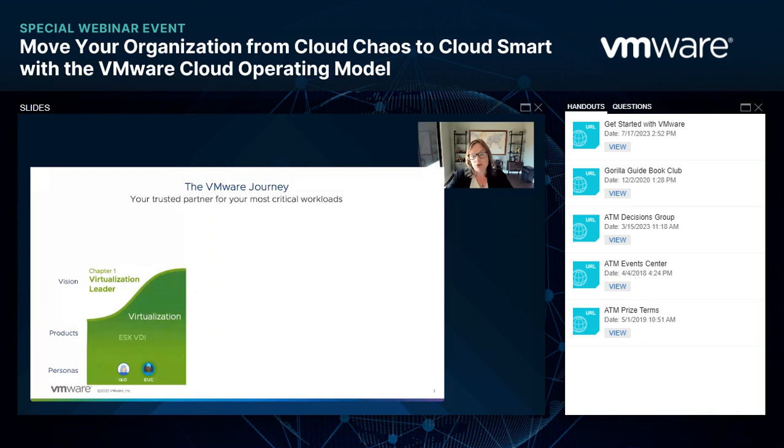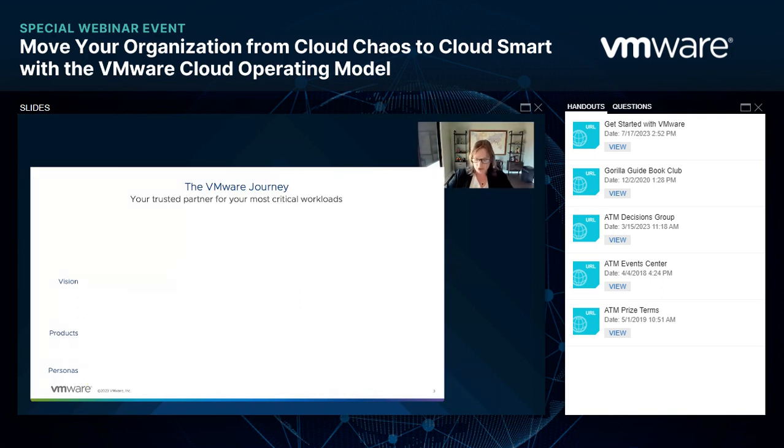But we've also changed both the solution sets that we offer and the personas that we interact with and that we develop solutions for. So you probably all know us from a couple of decades now as the virtualization leader, as the ESX and ESXi and vSphere, and then VDI with the virtual desktops with EUC.